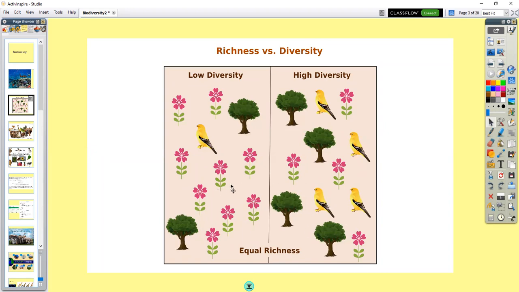But in terms of the diversity, or biodiversity, this one has a lower biodiversity because it's more dominated by this one species. Whereas there's a higher biodiversity on the right-hand side because we've got roughly equal numbers of each of the 3 species. So low diversity, high diversity, equal species richness because you've got 3 of each.